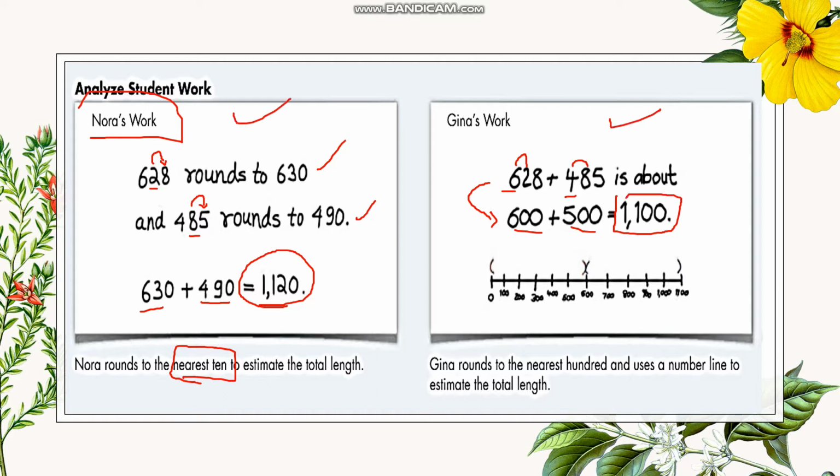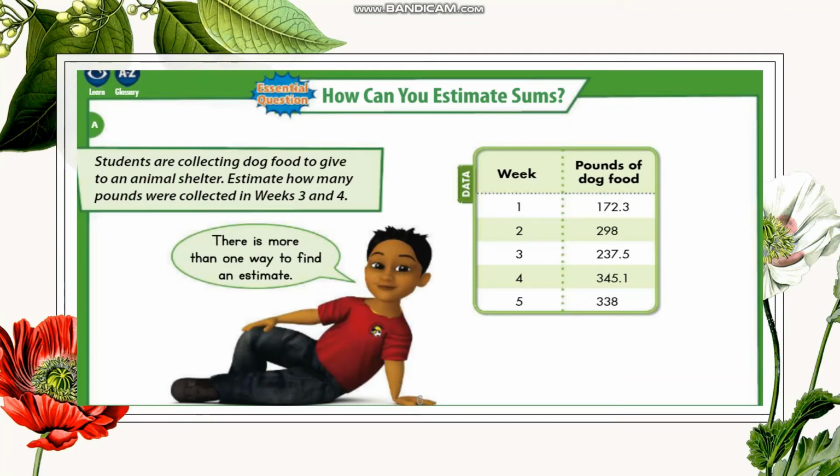So Nora rounds to the nearest 10 to estimate the total length. Gina rounds to the nearest 100 and also uses a number line to estimate the total length. Now, how can you estimate the sum? Students are collecting dog food to give to an animal shelter.